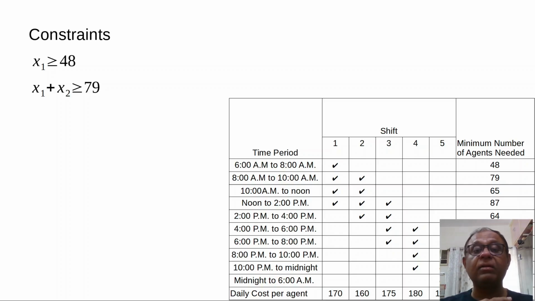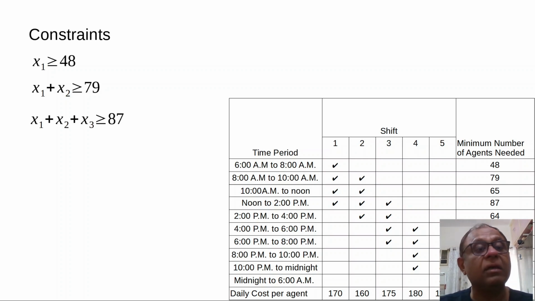As you can see here, from 8 a.m. to 10 a.m., you require a minimum of 79, and then this is followed by a minimum of 65 from 10 a.m. to 12 noon. So you have to take the greater of the two.